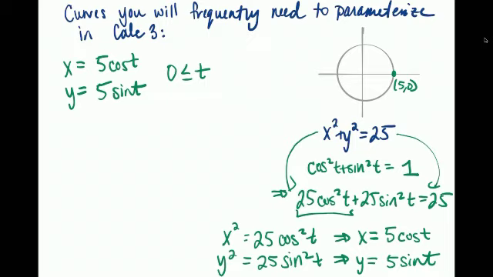When t is pi over 2, x is going to be 0 and y will be 5. So I will be right here. So I'll be moving this way around the circle, and I can keep moving all the way if I'd like to trace it out once. So this is going to be the most standard, common parameterization that you can use for a circle. It's just doing it once counterclockwise.